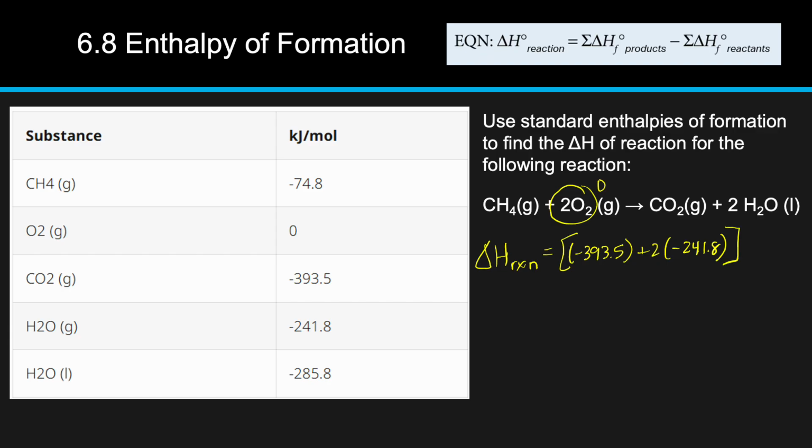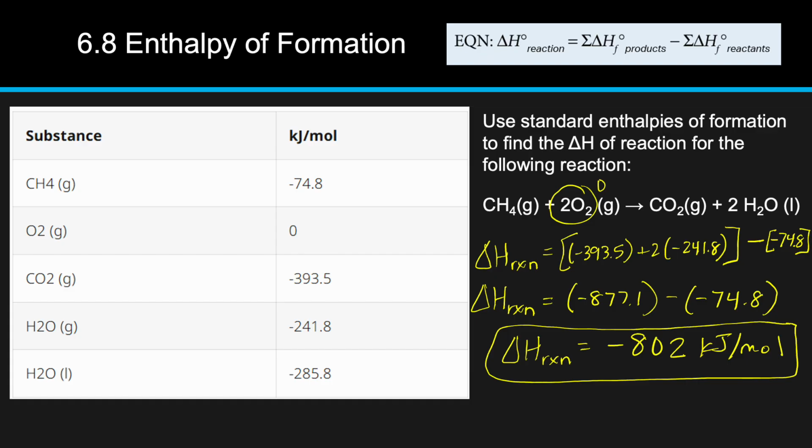So that is our products, and then we're going to subtract our reactants, and we just have CH4, so that's going to be negative 74.8. So our final answer for the reaction would be negative 802 kilojoules per mole.